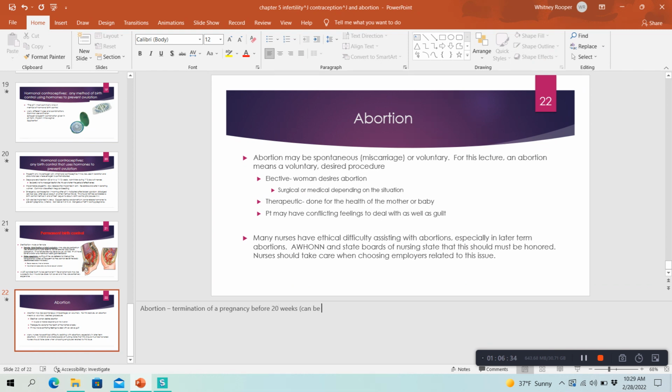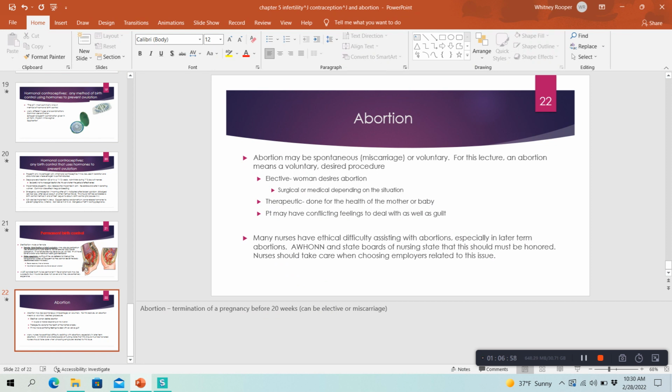Make sure to remember that. The problem is when we talk about that GTPAL, if you say it in front of your patient, they often take offense and say, I haven't had an abortion. They don't realize that when we say abortion, we mean either a spontaneous miscarriage or the voluntary end of a pregnancy. Any pregnancy that lasts shorter than 20 weeks is an abortion. That's the definition. So it may be spontaneous, it may be voluntary.